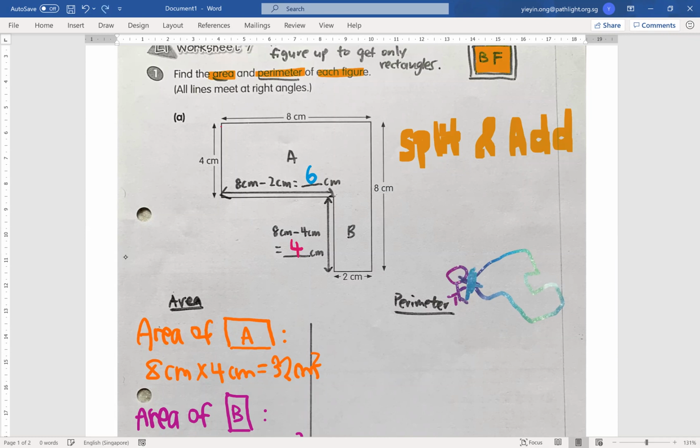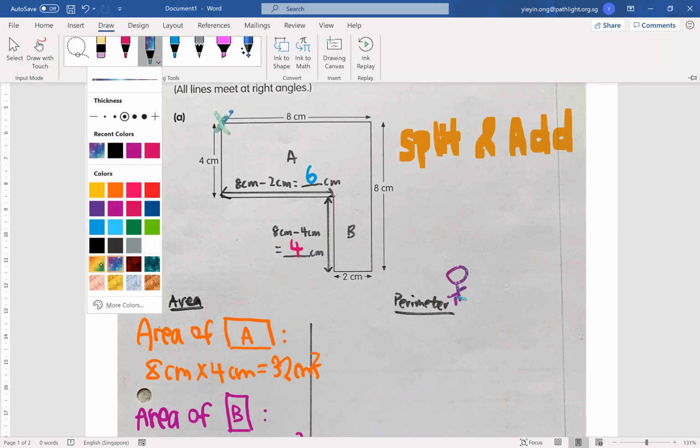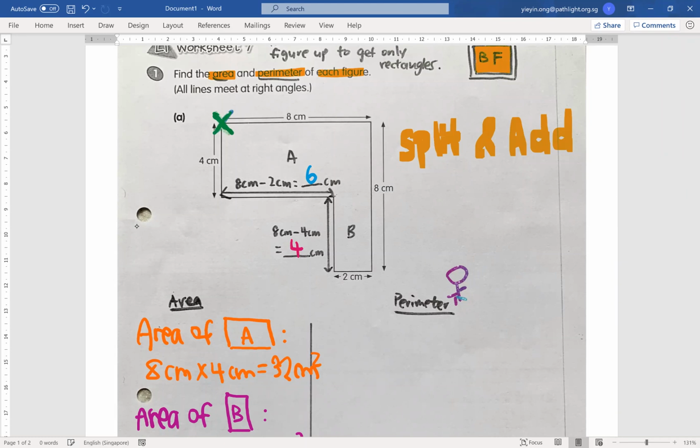So we have to put a cross on the top left. I'm going to use another color so that you can see properly. So I use the green. We're going to walk one round around the composite figure.